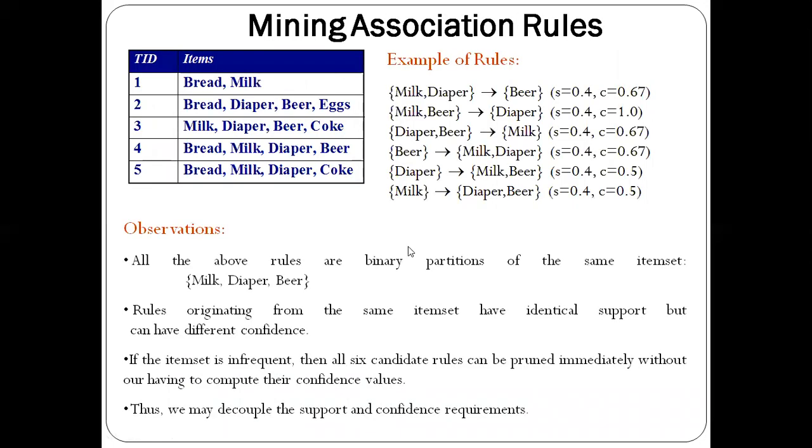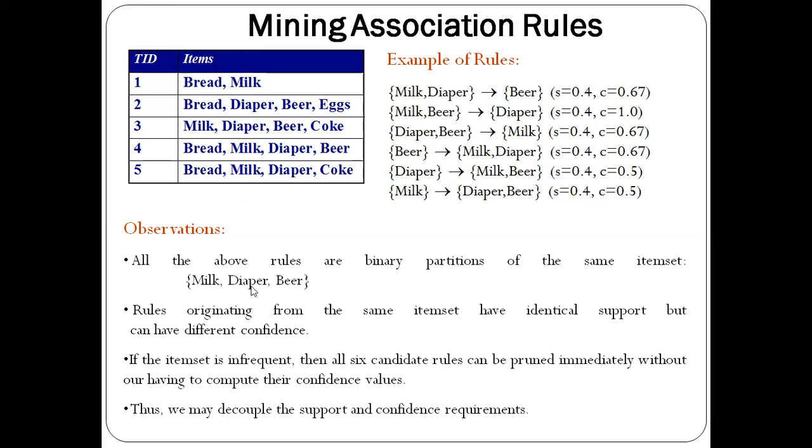I had given one example. See here, all these rules contain three items, that is milk, diapers, and beer. If you look at the support, it is the same for all of them, that is 0.4, and we have calculated the confidence also.